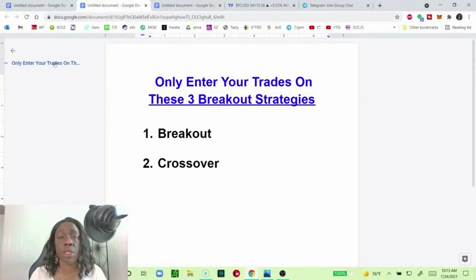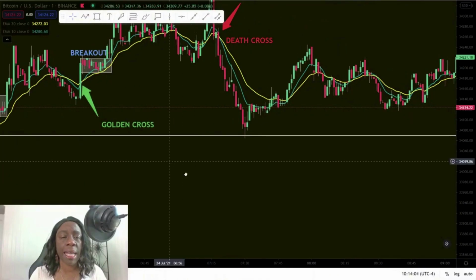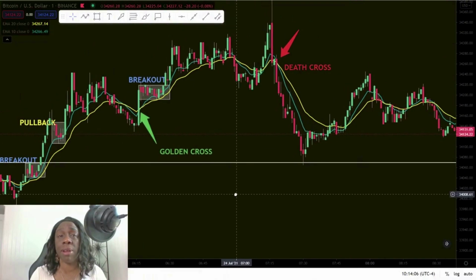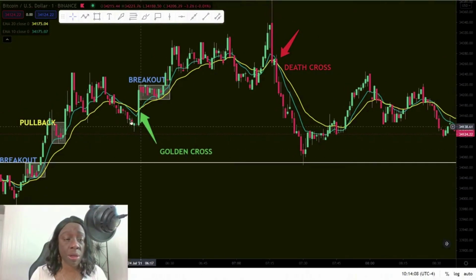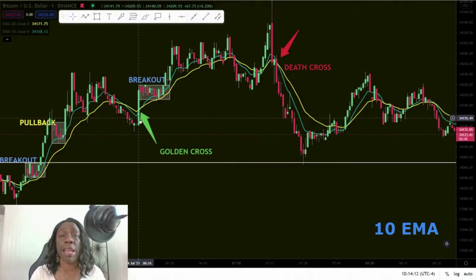I'm going to move over to the charts, and I have the green and the red. With the green, we see my blue moving average is the 10-day moving average, and the yellow is the 20-day moving average.